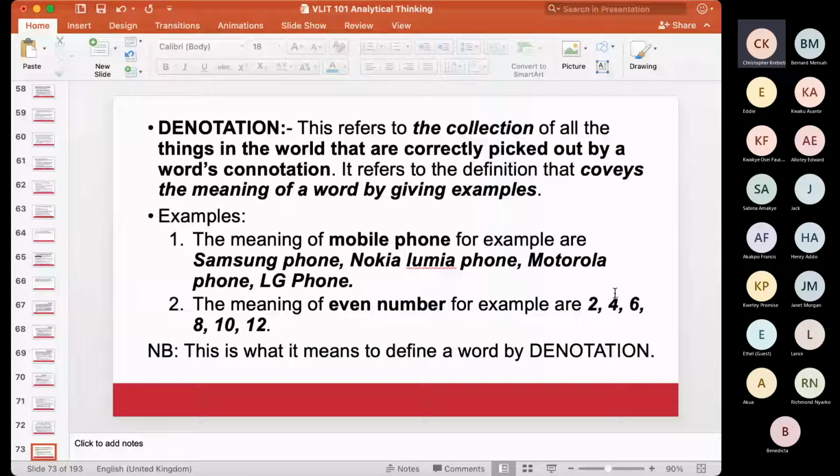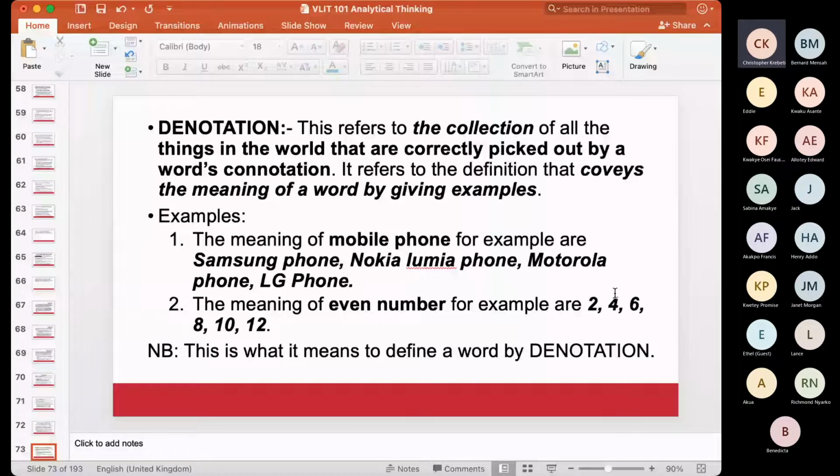Okay. So all of that will be connotative. But denotative, then you are listing the class. You are listing the class that the term belongs to by its connotative meaning. All right. So this is what it means to define a word by denotation.